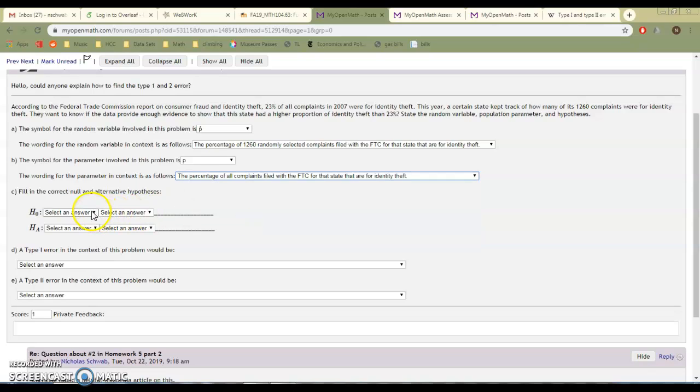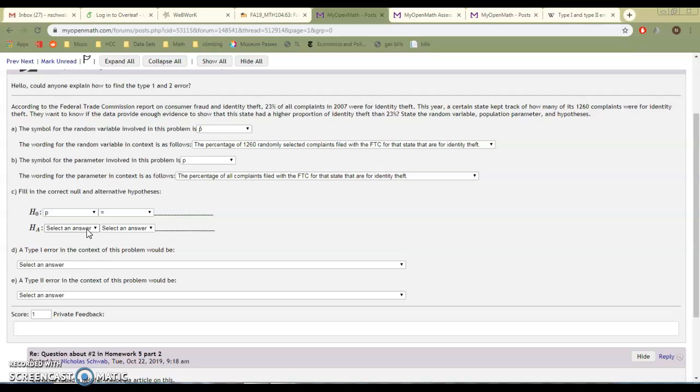Okay. Our null hypothesis is that the state and the FTC will have the same proportion of complaints. That's our null hypothesis. So we'll say that the proportion is going to be equal to, and we would type in 0.23 here. I can't type that in.